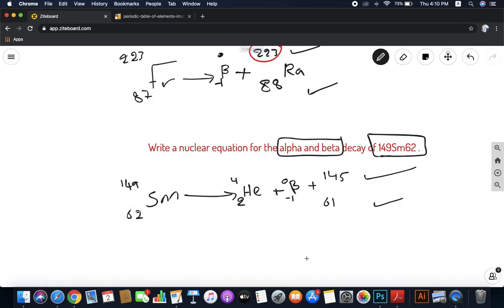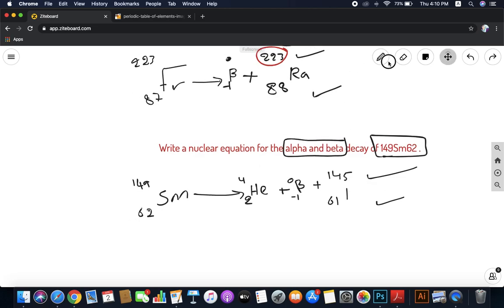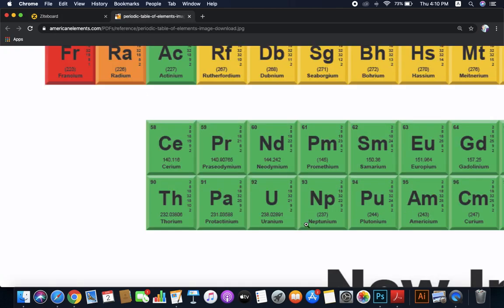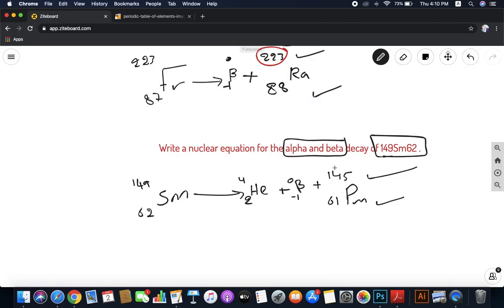So here Pm. Now 145 is my isotope here from the periodic table. The isotope is 145, so it's the same isotope. Okay, this is alpha and beta. So if you have two decays, it's the same, but you have to count them both.